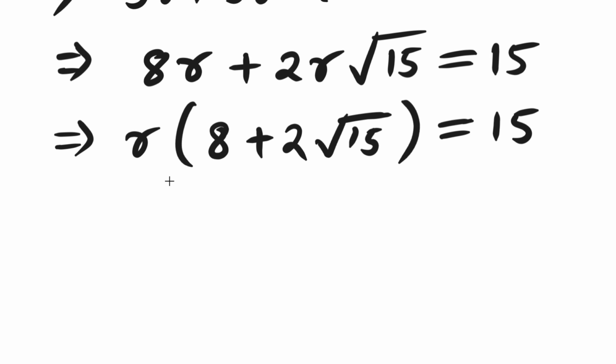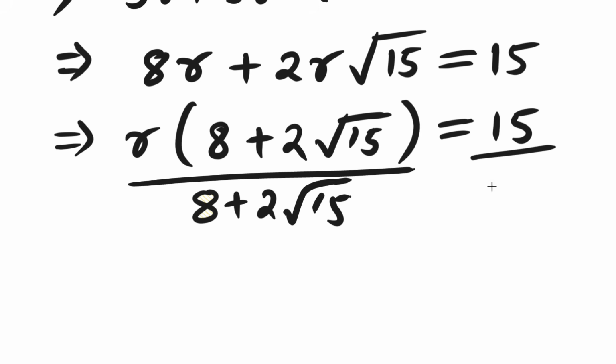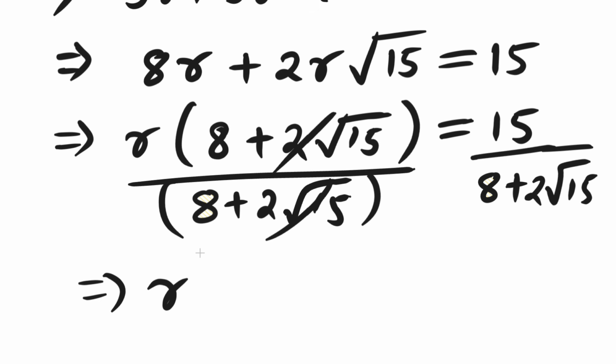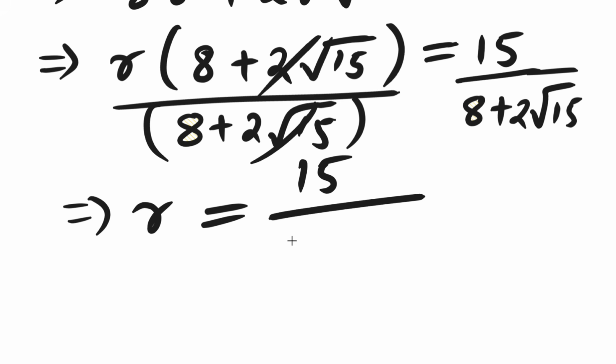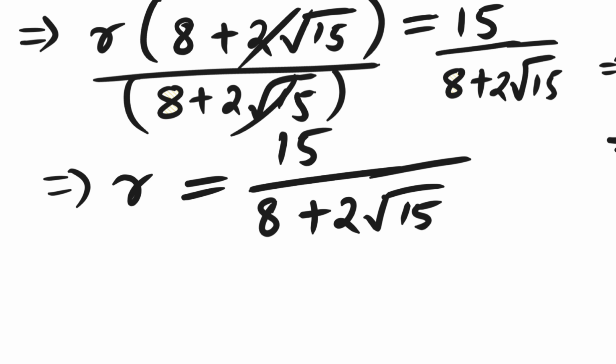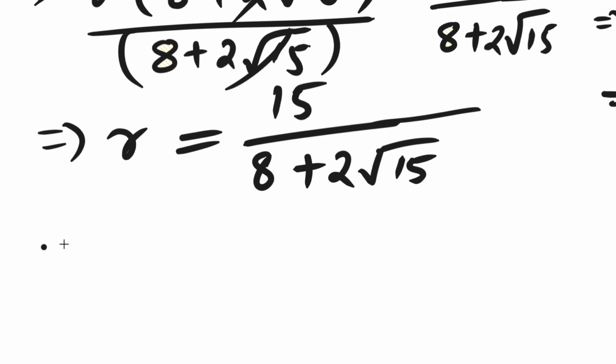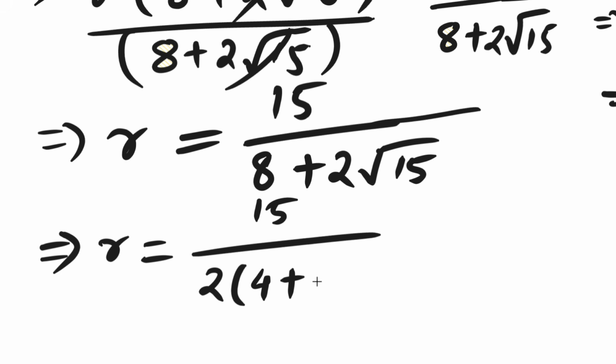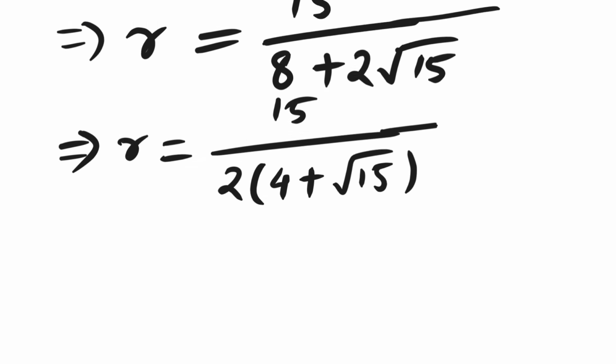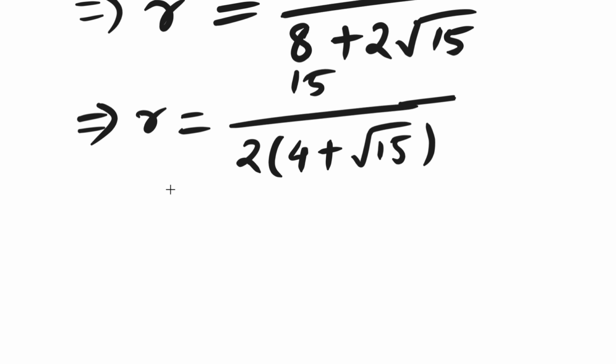At this point, we simply need to isolate r. Divide both sides by 8 plus 2 times the square root of 15. Therefore, r equals 15 divided by the quantity 8 plus 2 times the square root of 15. We can simplify the denominator by factoring out 2, giving r equals 15 divided by 2 times the quantity 4 plus the square root of 15.